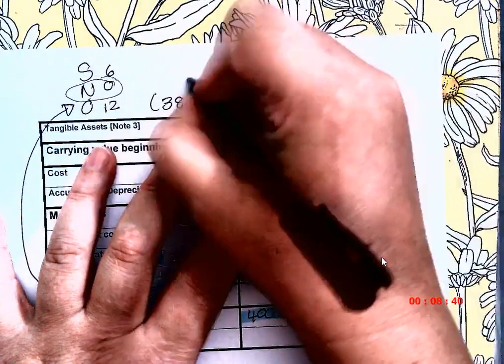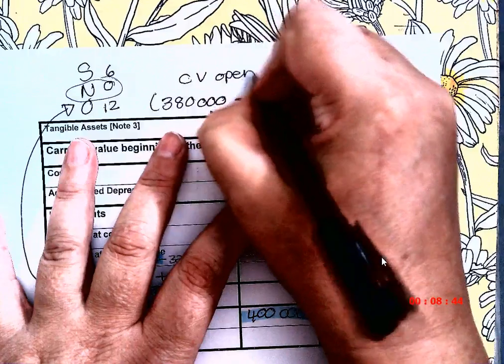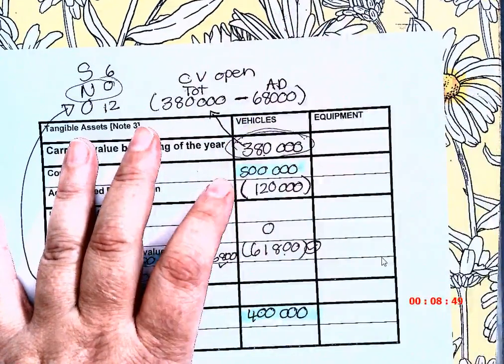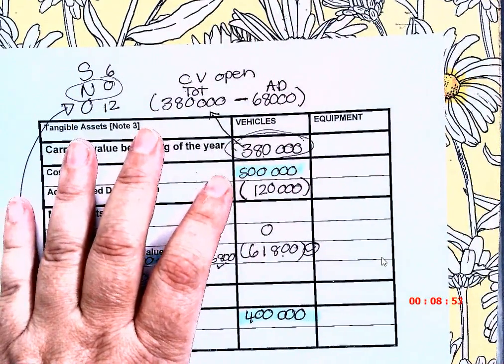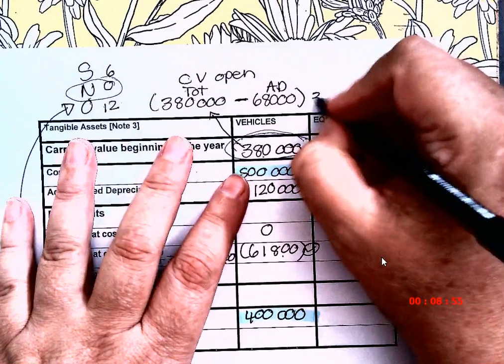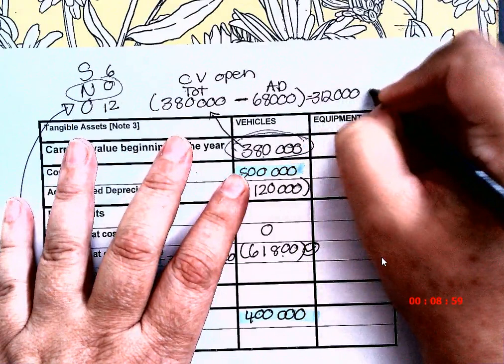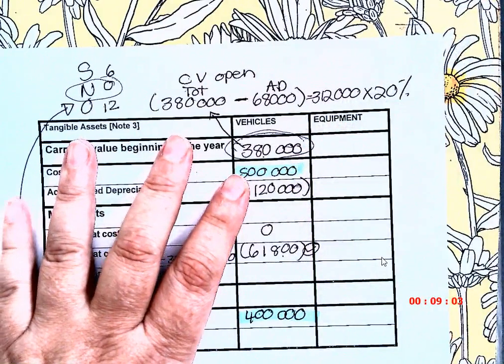So I take the carry value, opening balances, of the total less the disposal. Okay. And now how much do I get? I get 312. So 312 times 20% gives me 62,400.